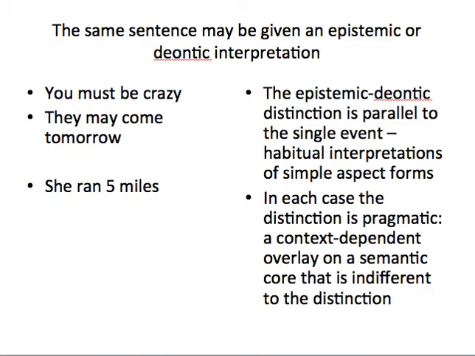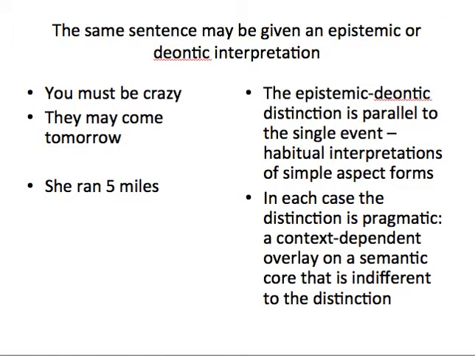Okay, going a little further, the same sentence may be given an epistemic or a deontic interpretation. So, you must be crazy. And perhaps the first meaning that comes to mind there is the epistemic one. You're making an assessment of somebody's behavior.